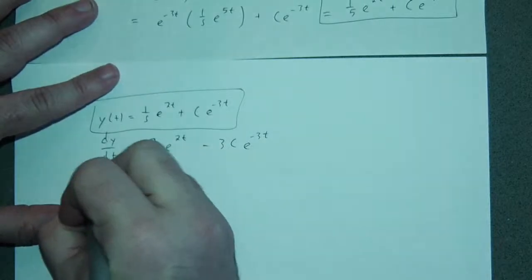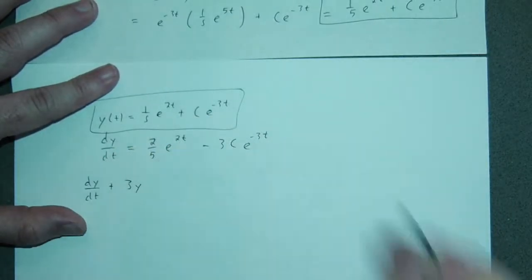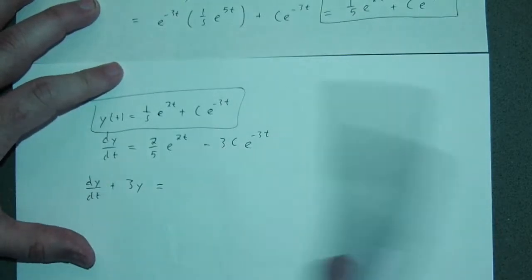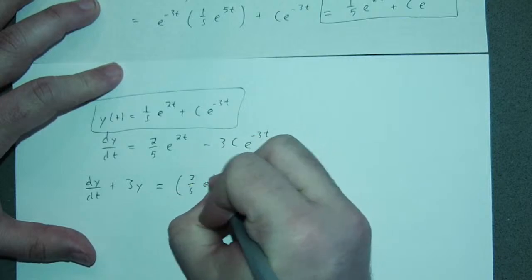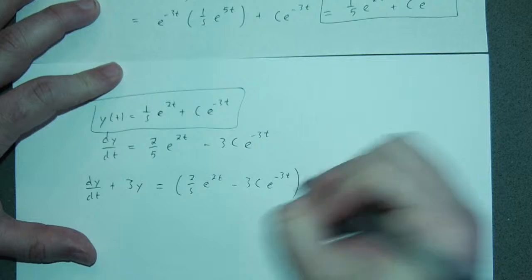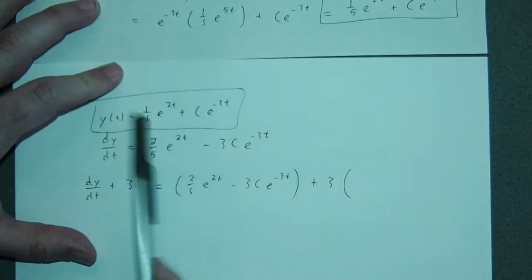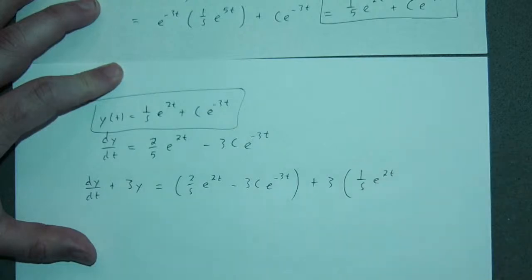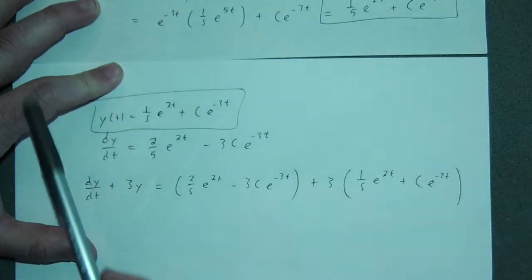So let's make sure that it does. So what is dy dt plus 3y? Well, dy dt is 2/5 e to the 2t minus 3c e to the minus 3t, plus 3 times y, which is 1/5 e to the 2t plus c e to the minus 3t.